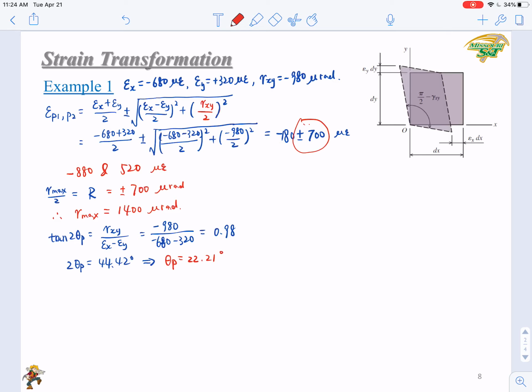Now as said earlier, we can use the same principles as in the stress analysis. The same principles apply depending on whether the two principal values have a different sign or the same sign.